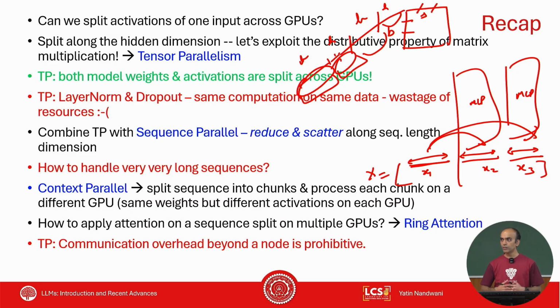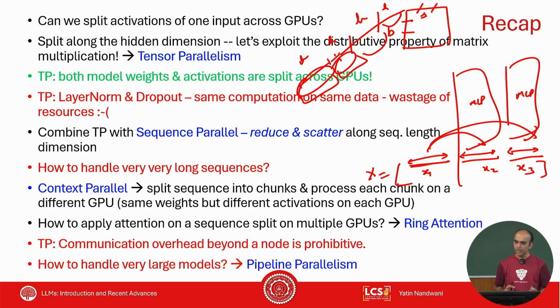On one node we have 8 GPUs, and communication is very fast between those 8 GPUs. But in tensor parallelism, the same input is being computed in different GPUs, and we have to combine the results before passing it to the next layer. So there's a lot of communication overhead. We cannot split beyond a node. So what should we do?